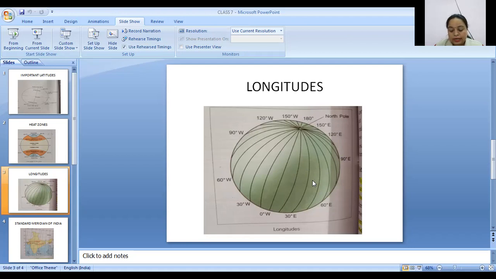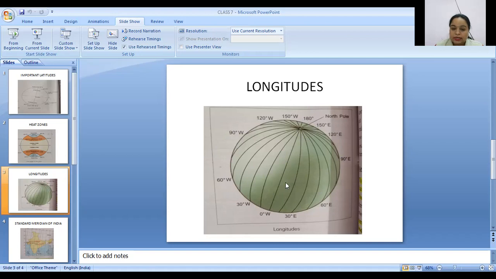Then each meridian is a semicircle. Can you see this? It is not round, it is a semicircle. The distance between the meridians decreases as we reach towards the poles. This distance is more on the equator, can you see?